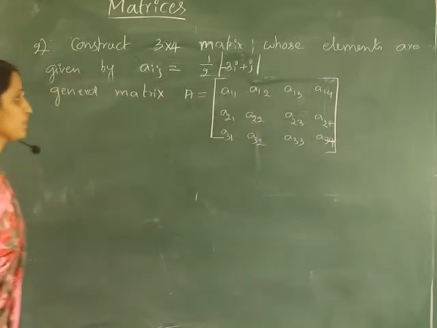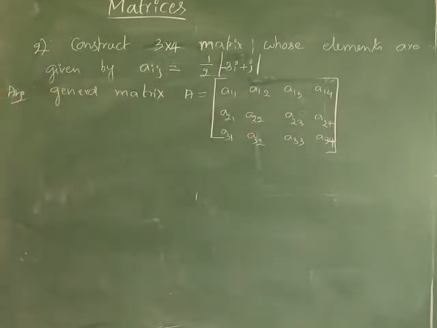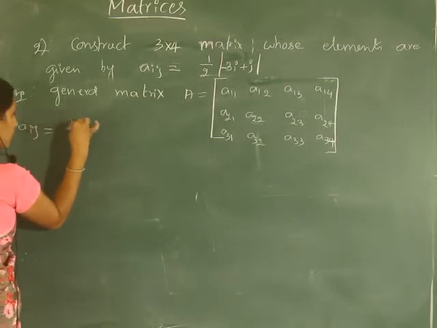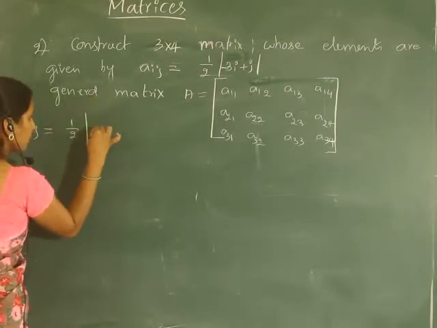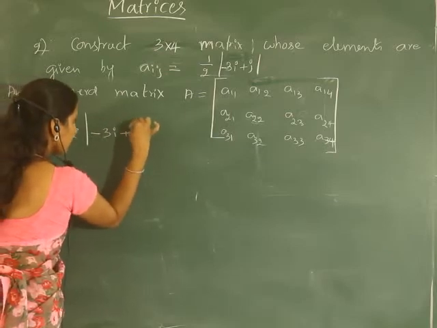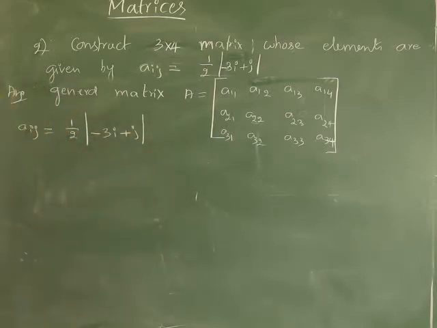So this is the general matrix. Now we have to calculate each element. So Aij is given by half into magnitude, or modulus, of minus 3i plus j.